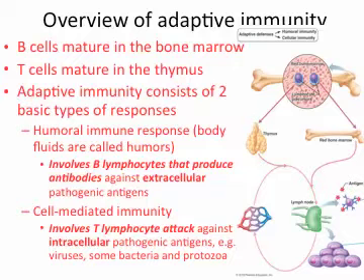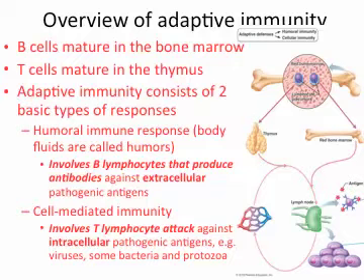Antibodies usually are in the blood, and antibodies are looking for invaders that are outside of cells. So antibodies cannot get into your body cells to look for a foreign invader like a virus. They can only find foreign invaders that are floating around in the body fluids.